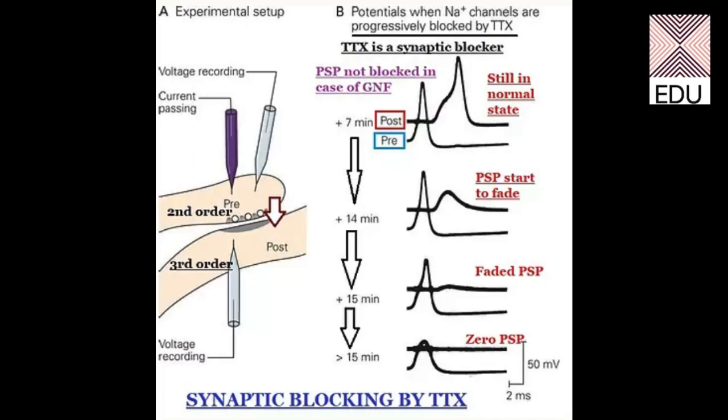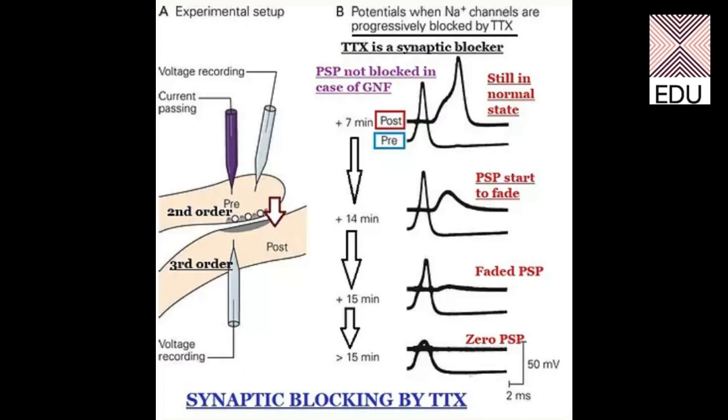Now, on the right side, in part B of this diagram, you can very well see there are 4 graphs. When we administer TTX, in the first few minutes of the administration, up to the 7th minute, the first graph comes into account, where we don't have any kind of blocking of the postsynaptic potentials.